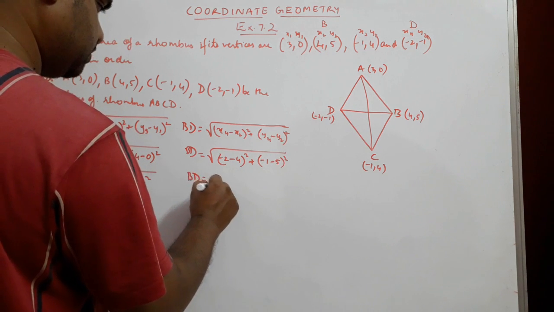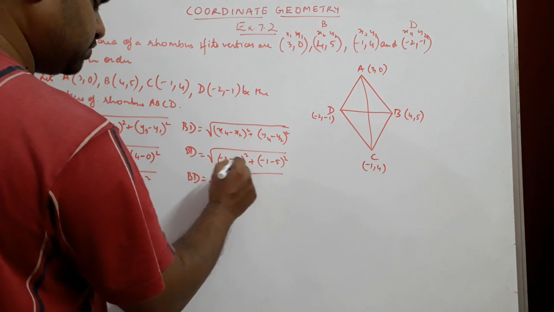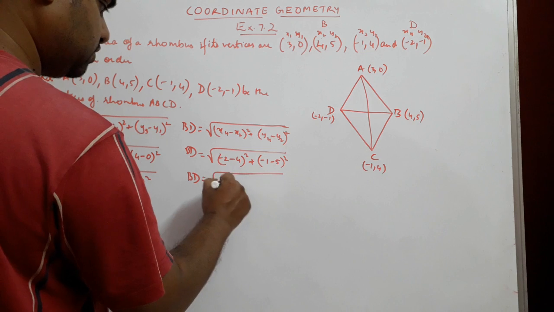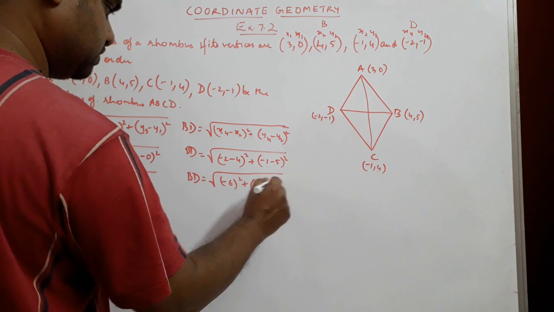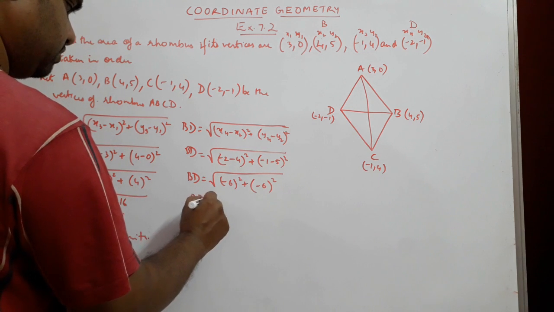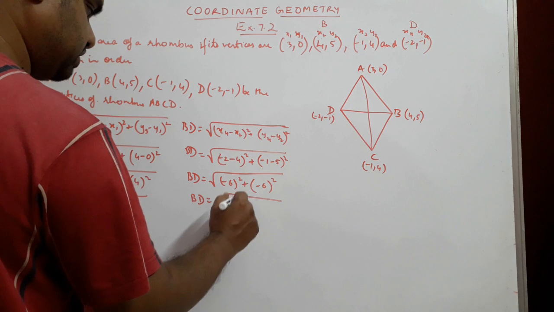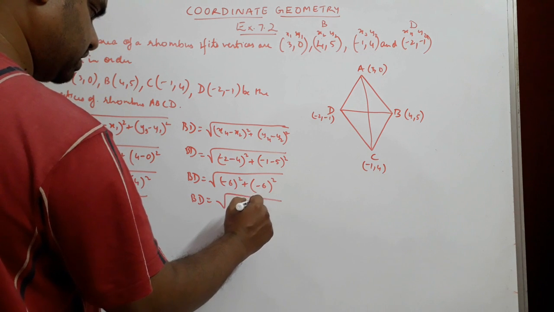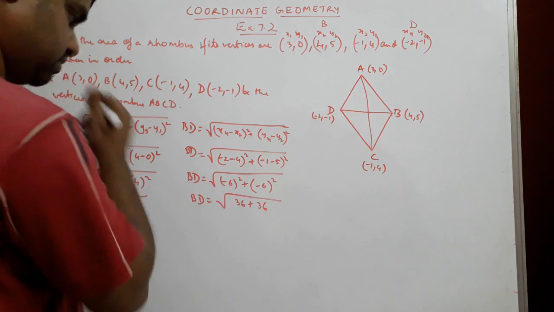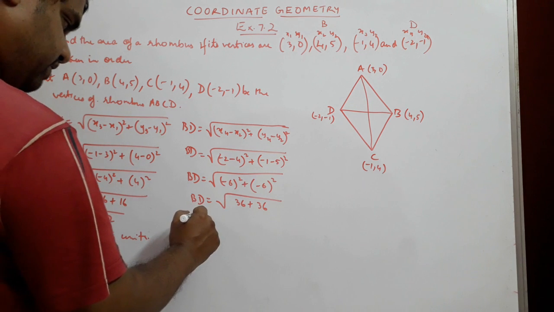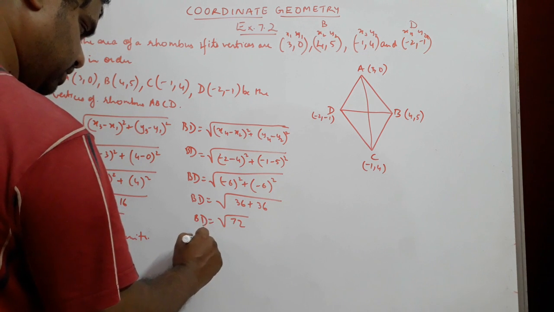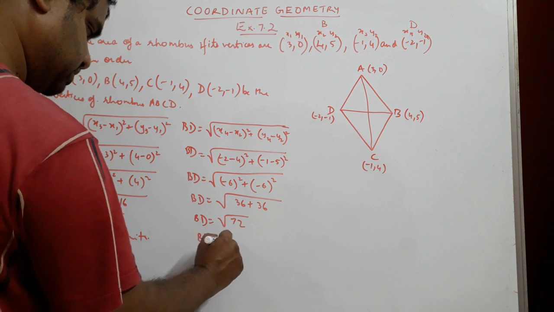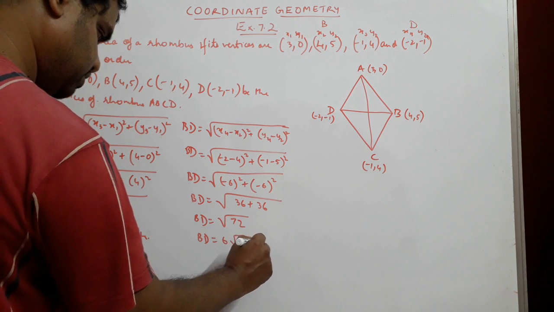BD equal to square root of minus 6 whole square plus minus 6 whole square. Minus 6 whole square is 36, and again 36. So that gives us square root of 72, which we can write as BD equal to 6 root 2 units.